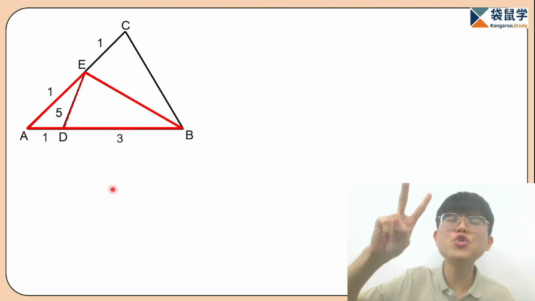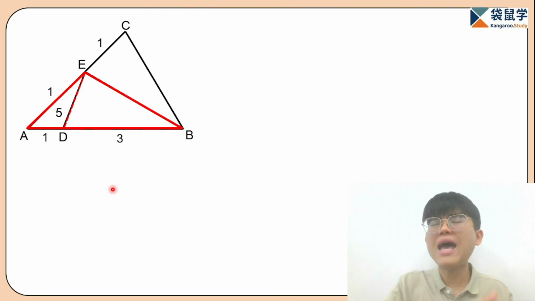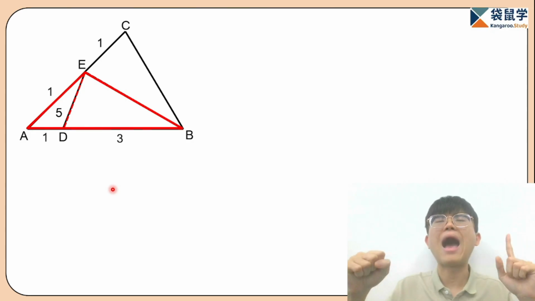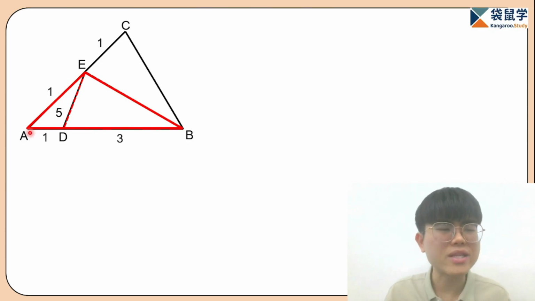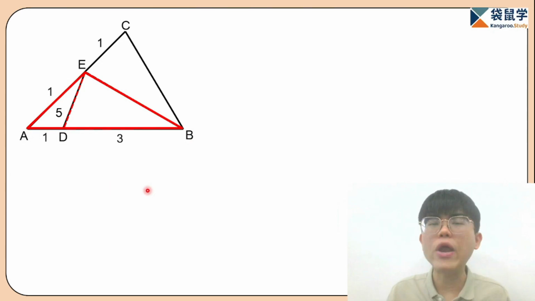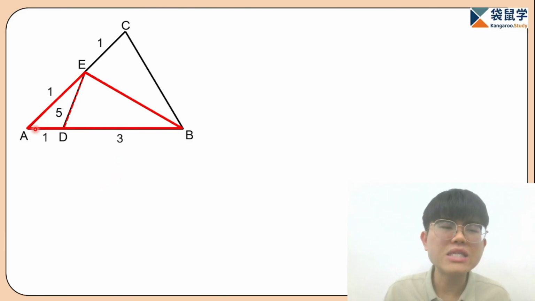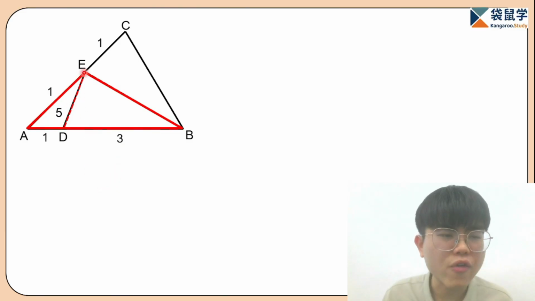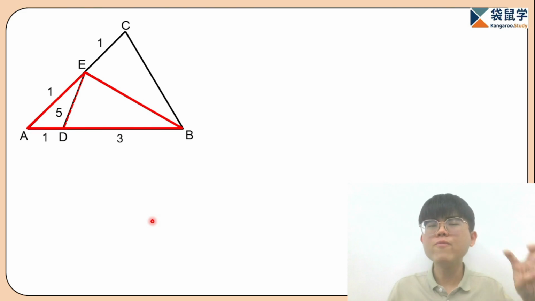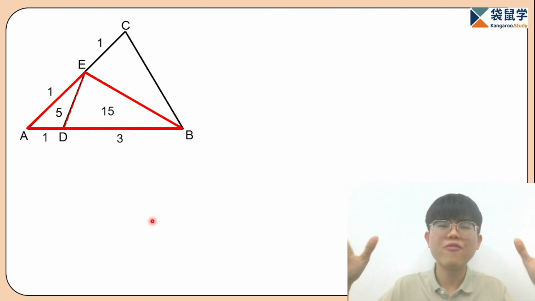For two triangles that have the same height, the area ratio will be equal to the base ratio. In this question, AD to DB is 1 to 3, which means that the area here is 5, then the area for EBD will be 3 times of it, which is 15.